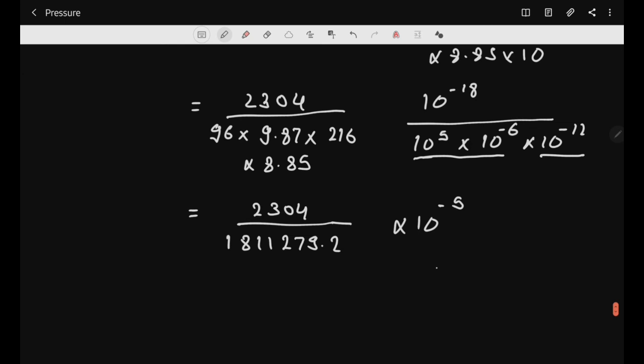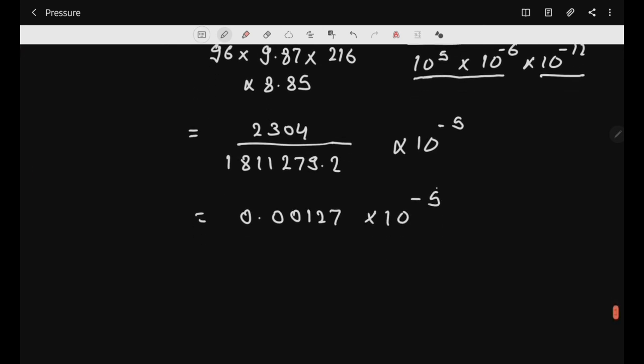So let us divide this. 2304 divided by 1811279.2. If we divide this, we are going to get 0.00127 and so on into 10 raised to minus 5. So this will be in meters.